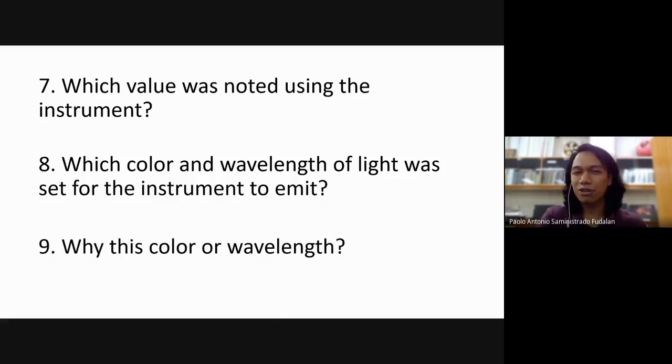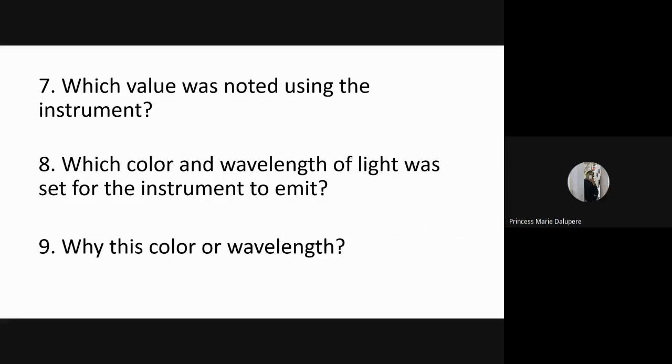Why? Why yellow? Or why 595 nanometers? Para ma-appear siya as blue, sir.